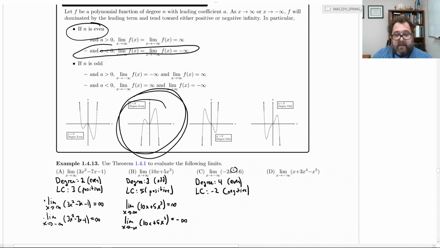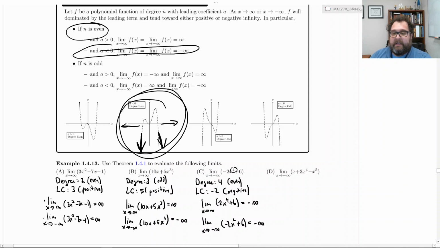So I know that as x approaches negative infinity, the graph is going off towards negative infinity. As x approaches positive infinity, the y values are going off to negative infinity. So both of my limits at infinity, in this case, are going off toward negative infinity. So we have the limit as x approaches positive infinity of -2x to the fourth plus 6 is equal to negative infinity, as well as the limit as x approaches negative infinity of -2x to the fourth plus 6 is also equal to negative infinity.